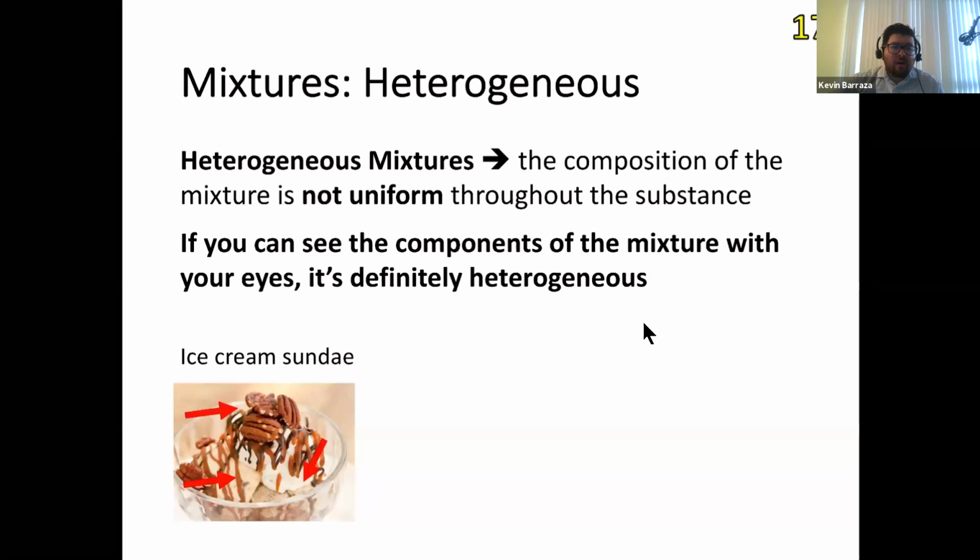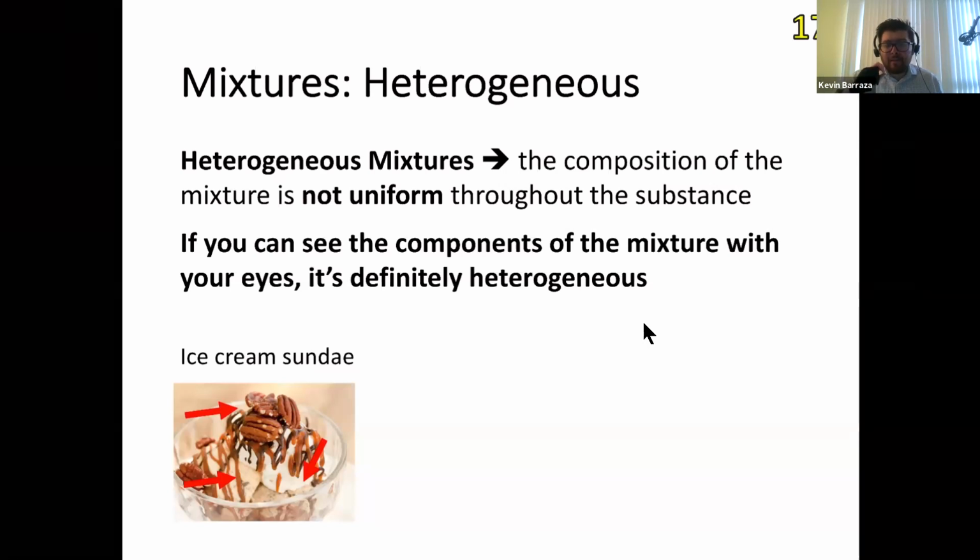So take the salt water idea. Sometimes if we dump way too much salt in, there might be some salt crystals that don't dissolve anymore. So at that point, it's not the same throughout. Maybe a better example would be sugar water. If I have crystals of sugar at the bottom that didn't dissolve, then it becomes heterogeneous.